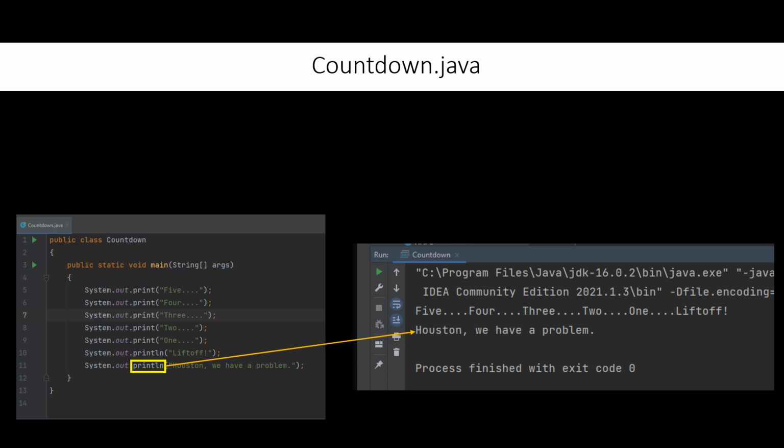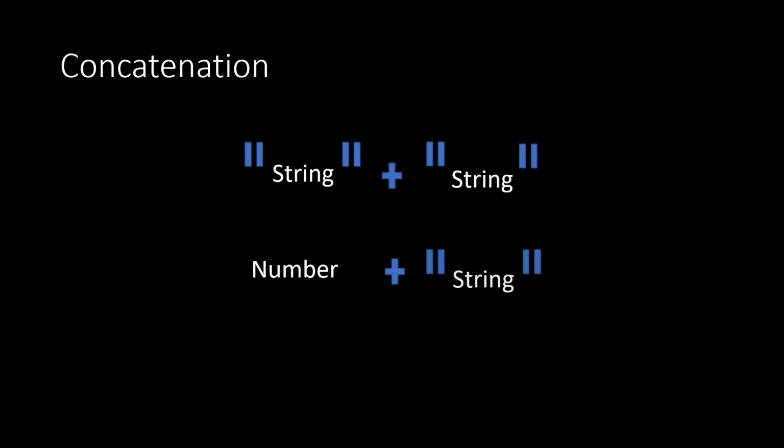The choice is yours. Now let's talk about string concatenation. What is concatenation? It is the joining of 2 elements. They can be strings and strings, numbers and strings, or numbers and numbers. Note that a number can be inside a string, but a number alone does not need quotations in Java.